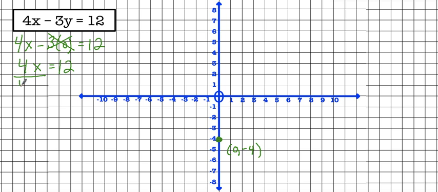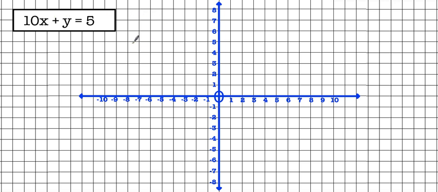In order to get x by itself, I have to divide both sides by 4. And so x is equal to 3. So my x-intercept is 3, 0. All I need to do is draw my line through that with arrows at each end, and I'm done.